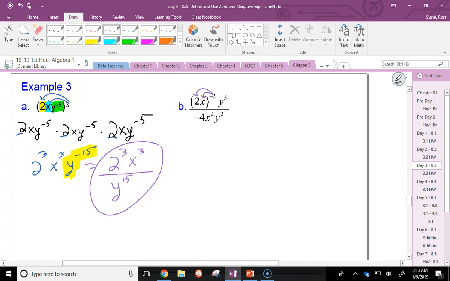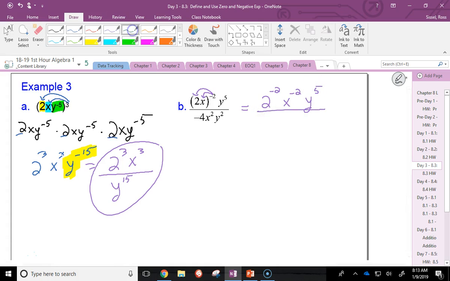Yes. Because they are being multiplied to each other. So I would simplify this first. I'd look at only my numerator. So I'd have 2 to the negative 2nd power, x to the negative 2nd power, y to the 5th.